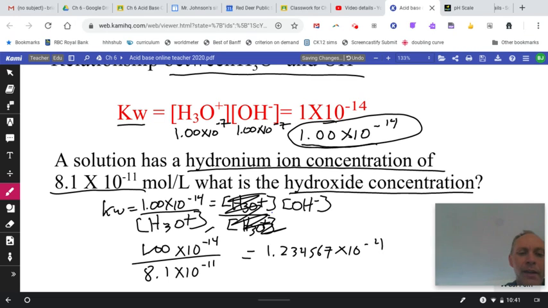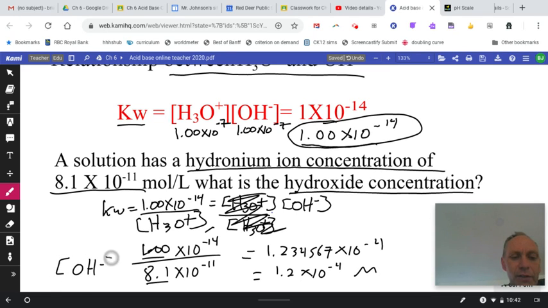How cool is that? Okay, sig digs: these are normal numbers, not pH, so 3 and 2. So my final answer is 2 sig digs: 1.2 times 10 to the negative 4 moles per liter, and that is the concentration of hydroxide.